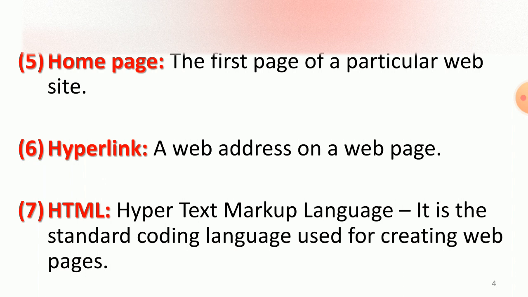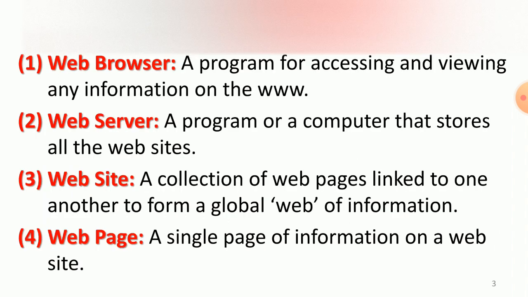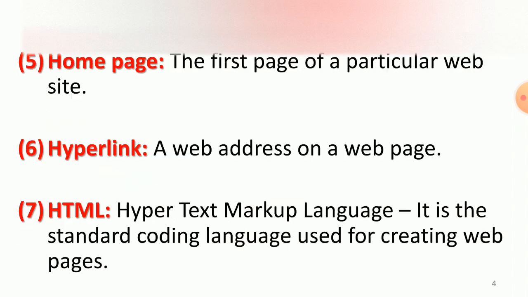So friends, that is WWW terminology. First is a web browser, second is a web server, third is a website, fourth web pages, fifth home page, six hyperlink, seven HTML.